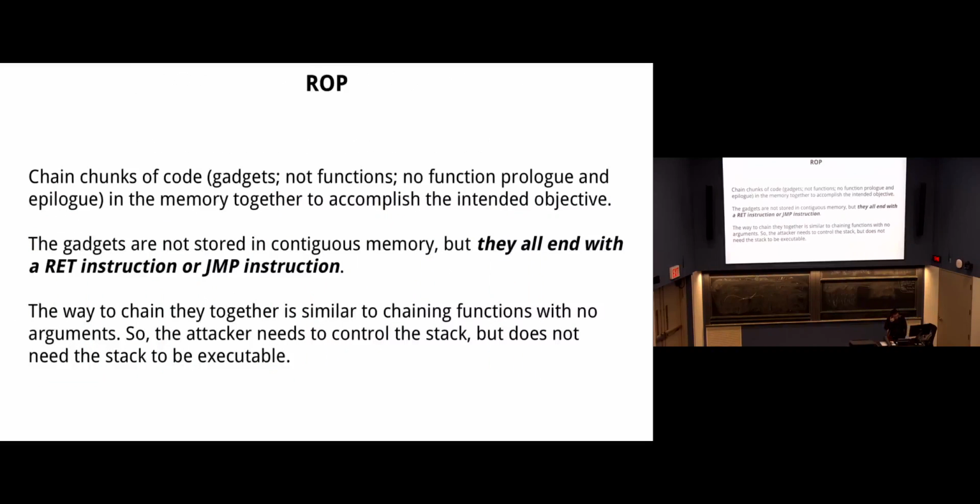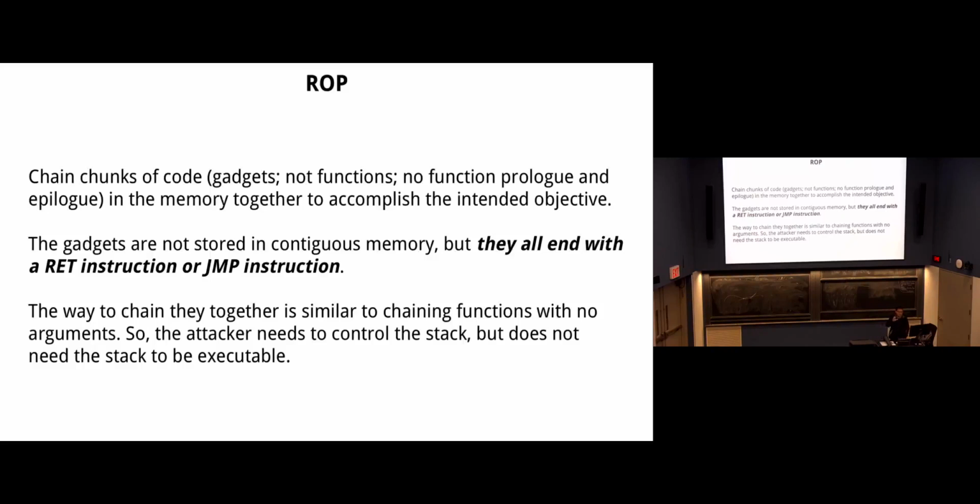So in ROP, we are not going to return to full functions. We return to small pieces of code sequences. We call them gadgets. They are just several instructions, and all those instructions end with a return instruction.